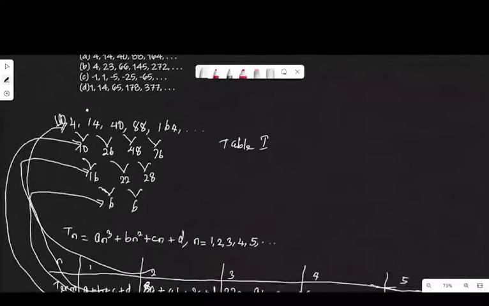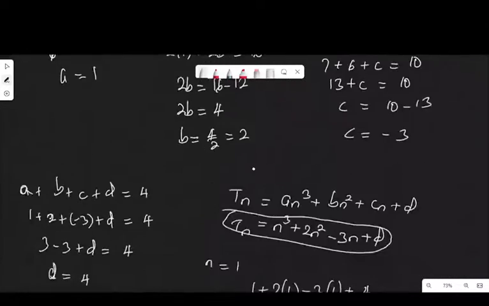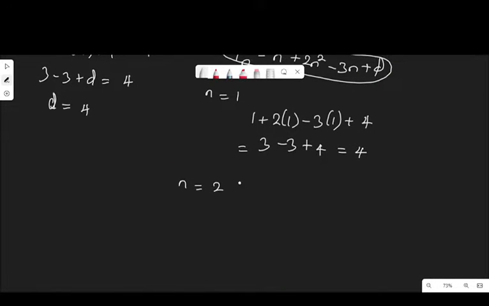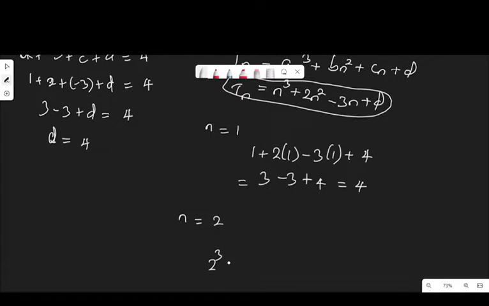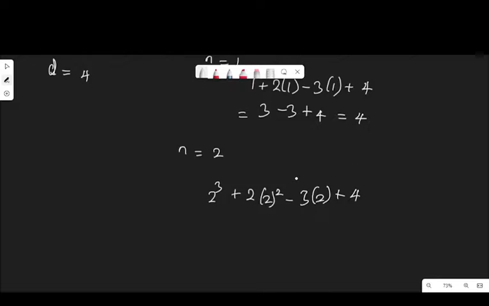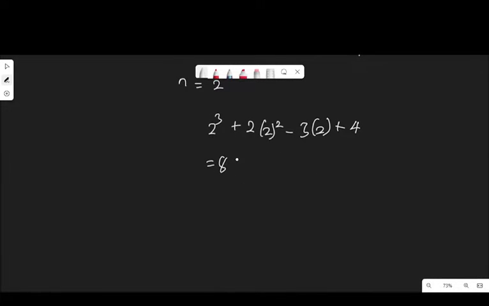Let's check it with the second term, whether we'll get 14. If n is equal to 2, putting in 2 here, that is 2 to the power of 3, plus 2 times 2 to the power of 2, minus 3 times 2, plus 4, which is D. I have 2 to the power of 3 is 8. 2 to the power of 2 is 4. 4 times 2 is 8 again, minus 3 times 2 is 6, plus 4.